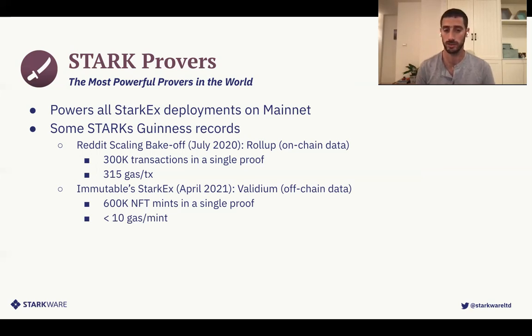In the ImmutableX StarkX deployment, which is live on mainnet since last week, in order to move their state from L1 to L2, we generated huge proofs of NFTs, which actually minted them on L2. So we generated proofs of 600K NFT mints in a single proof, which resulted in less than 10 gas per mint, right?